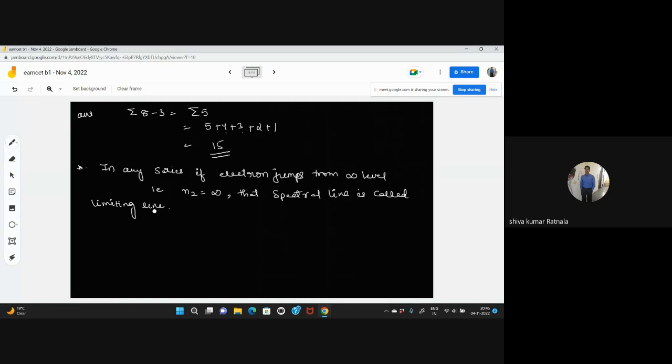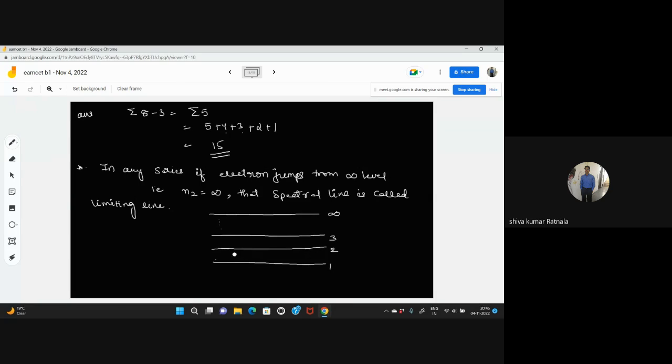Whereas first line means what we can say? Let me take this: this is the infinite level, this is first level, second level, third level.